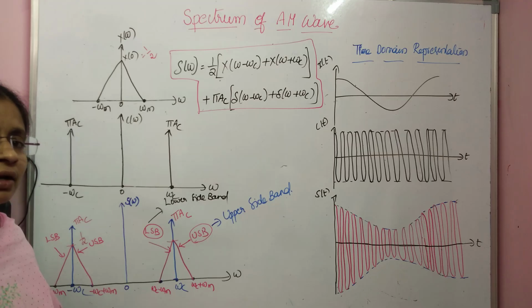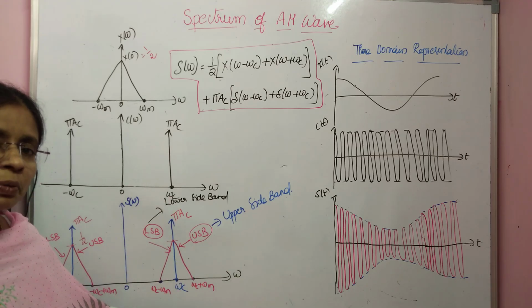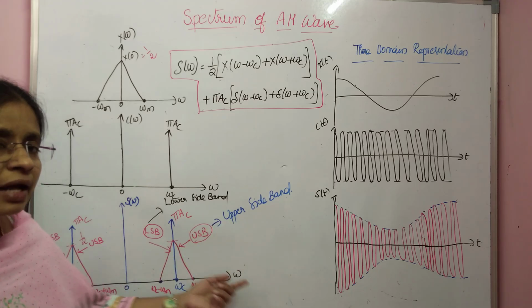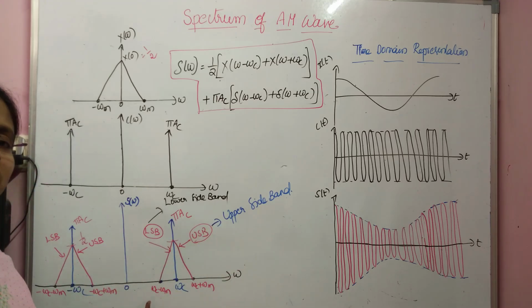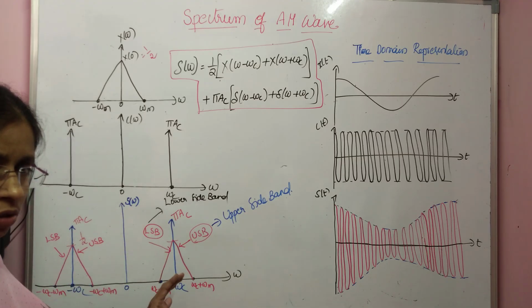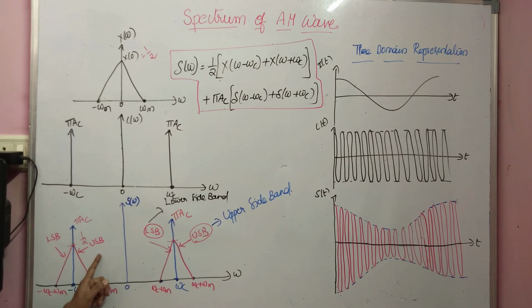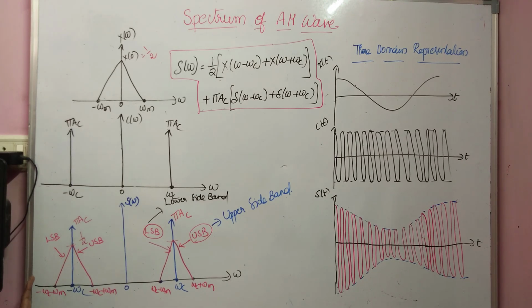What is upper sideband? The band of frequencies lying above the carrier frequency is called upper sideband, and below the carrier frequency is called lower sideband. On the negative frequency side also, greater than minus omega c is called upper sideband, and less than minus omega c is called lower sideband. So this is the spectrum of the AM wave.